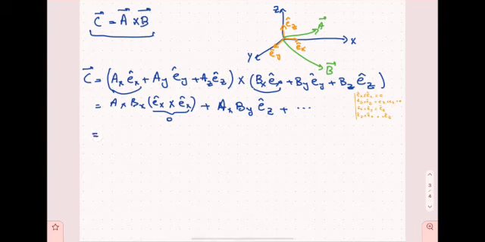And so we can already summarize what we have at the end.